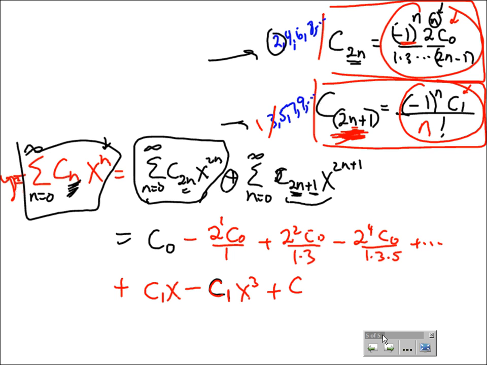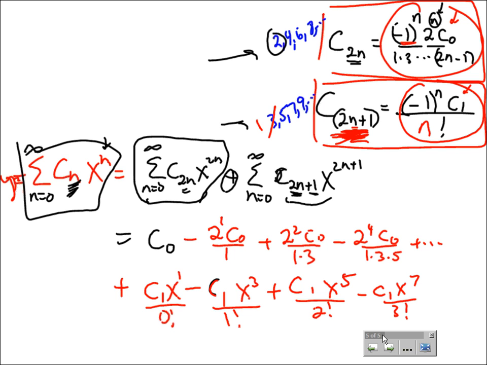Plus, n is 1, this should be c sub 3, excuse me. And then now n is 2, so you get c1, actually it's always c1. You get c1 x to the 5 over 2 factorial. This you can think of as over 1 factorial. This is over 0 factorial. We have minus c1 x to the 7 over 3 factorial plus c1 x to the 9th over 4 factorial, etc.